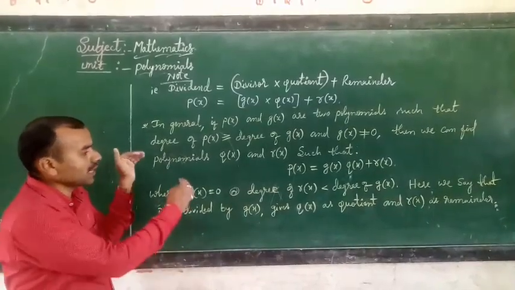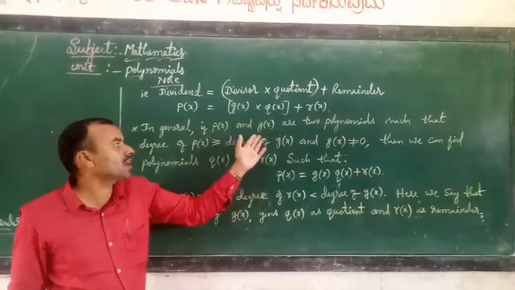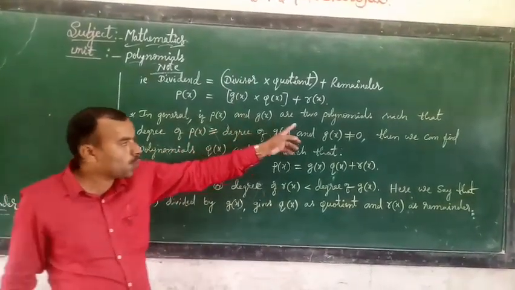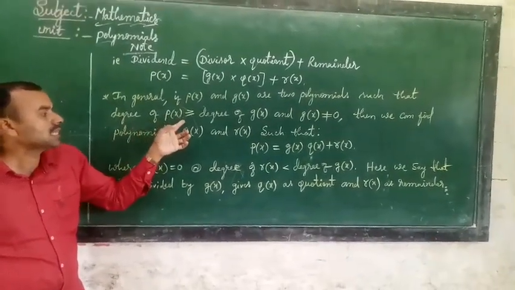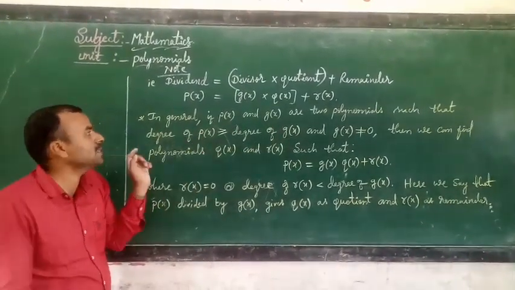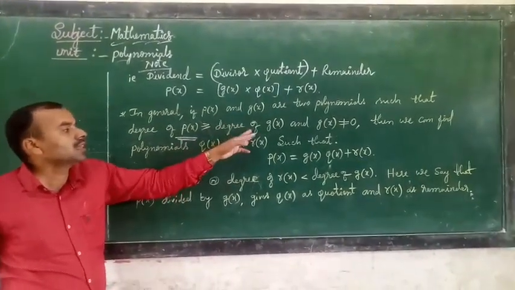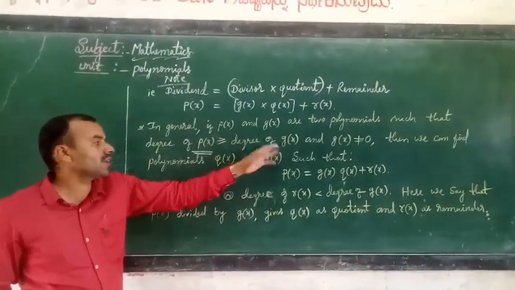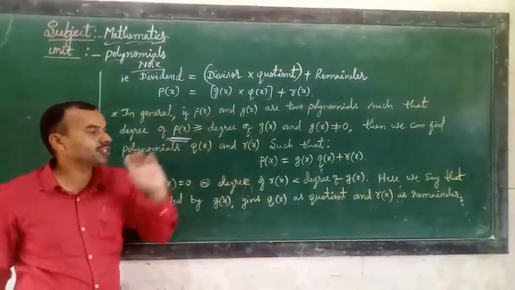In general, if p of x and g of x, where p of x means dividend and g of x is divisor, are two polynomials such that the degree of p of x is greater than or equal to the degree of g of x, this means the dividend is greater than or equal to the divisor.